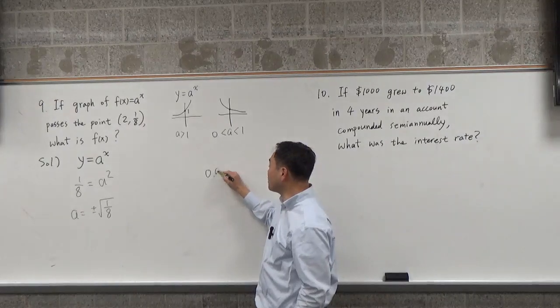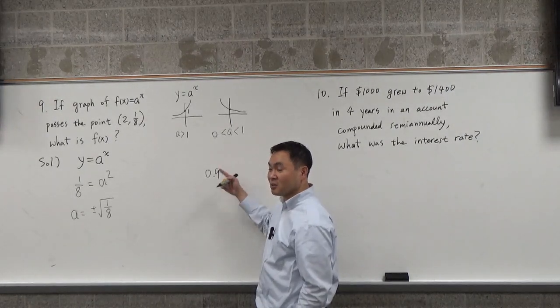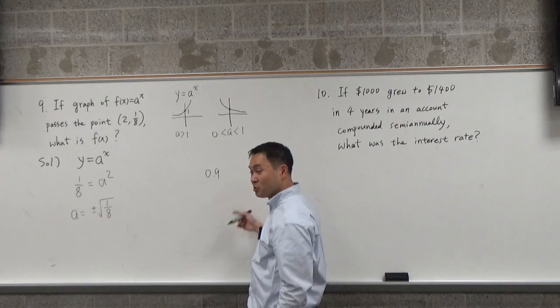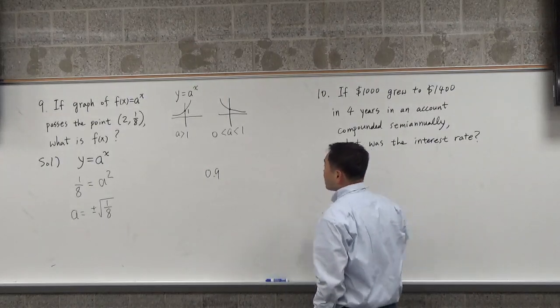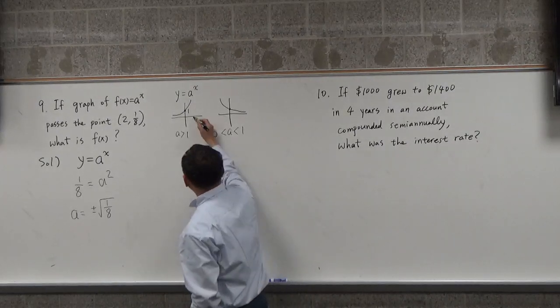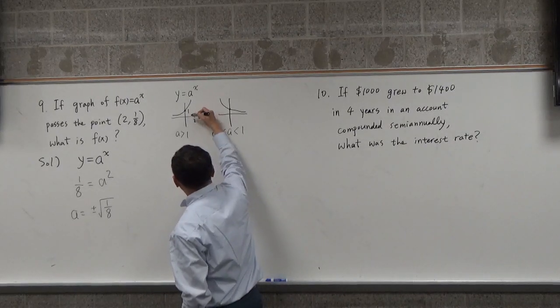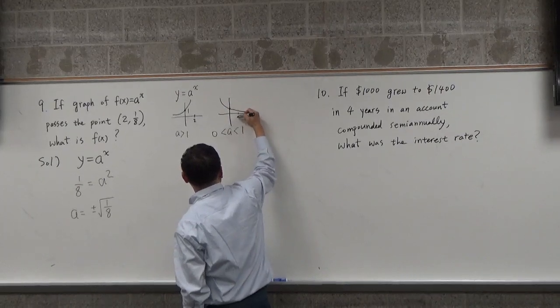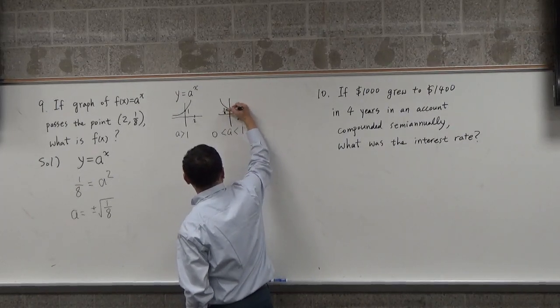If you multiply 0.9 to itself again and again, the values decrease. So that's why the graph looks like this if a is less than 1. But if at 2 you want 1/8, which is lower than 1, then the only way it could be true is this case.